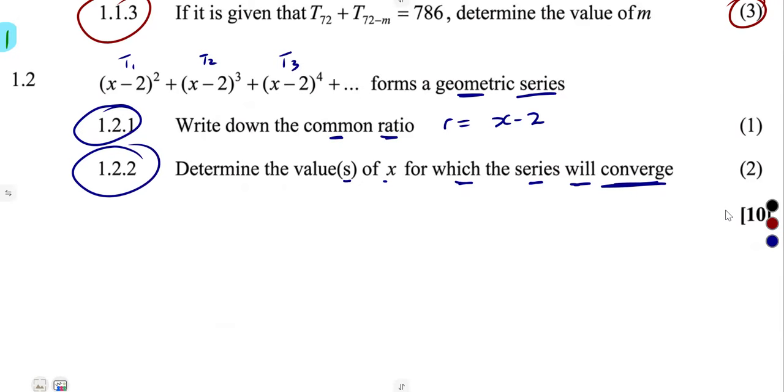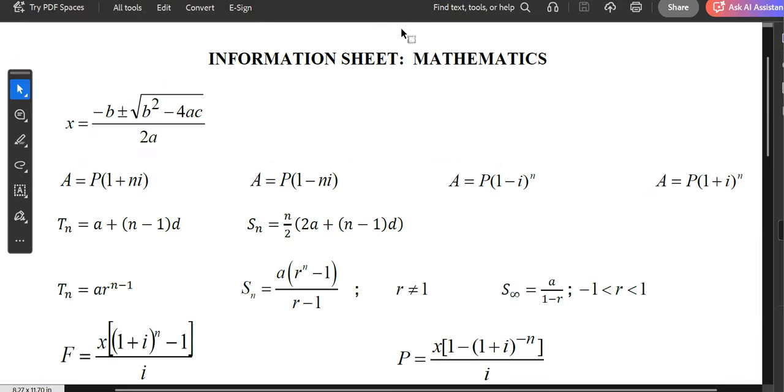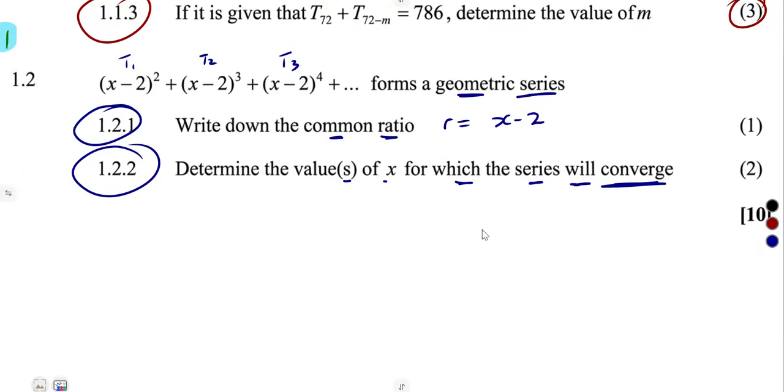Because we can have other values of x which will make the series not converge. But for it to converge, what is the condition? Remember our condition for a geometric series to converge: r is supposed to be greater than -1 but less than 1. So we are going to use that statement and see what will be the value or values of x.